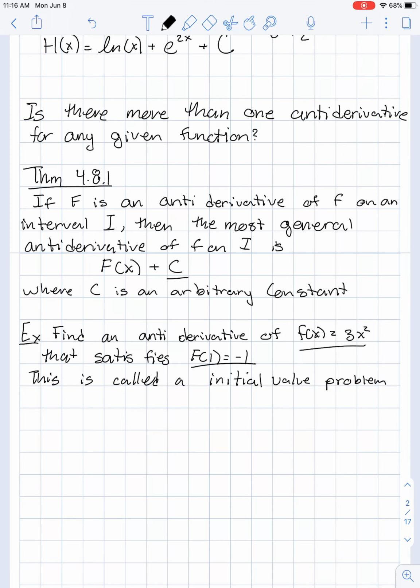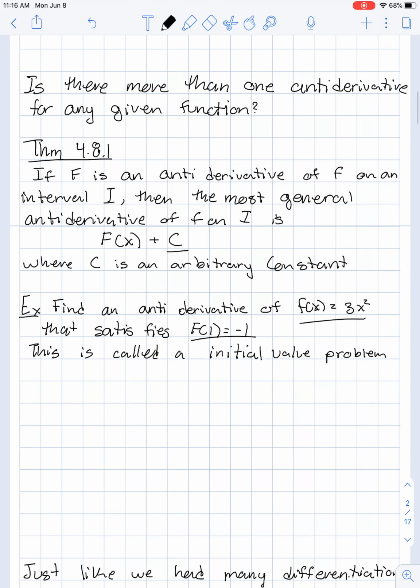So now we're looking for a function whose derivative is 3x squared. Well, that looks just like an ordinary power rule derivative of x cubed.